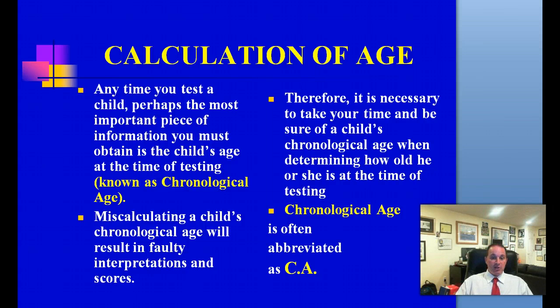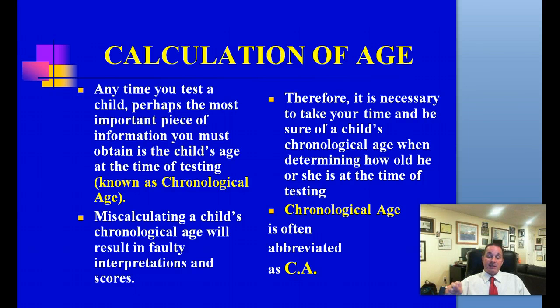Well, we need to know the chronological age of every child that we assess when we do any type of evaluations in special education. Now, this is absolutely essential because miscalculating a child's chronological age will often result in faulty interpretations and scores. And if you think about it, it makes sense.